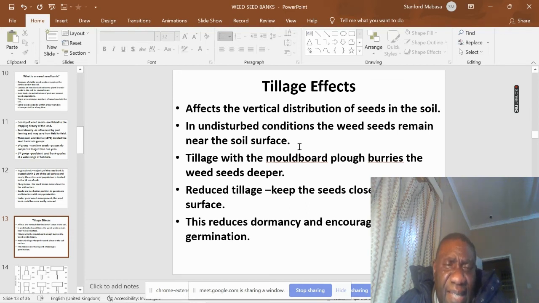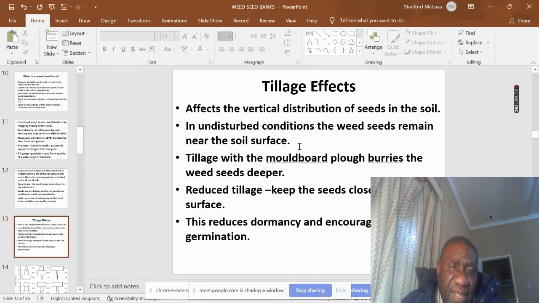In undisturbed conditions, the weed seeds remain near the soil surface, like in conservation agriculture. Tillage with the moldboard plow buries the weed seeds deeper. In reduced tillage, the seeds are close to the soil surface. So that is the difference.